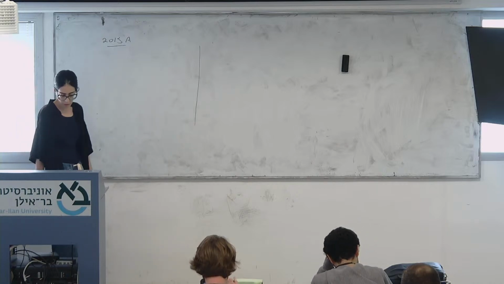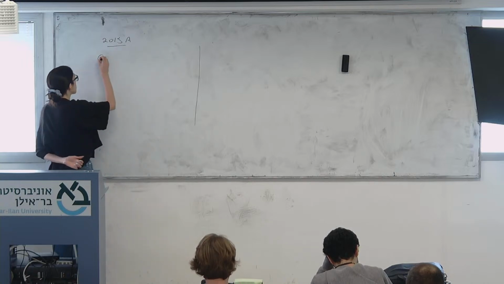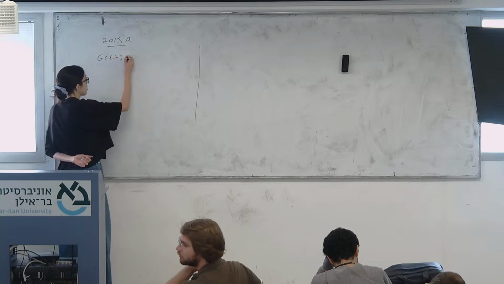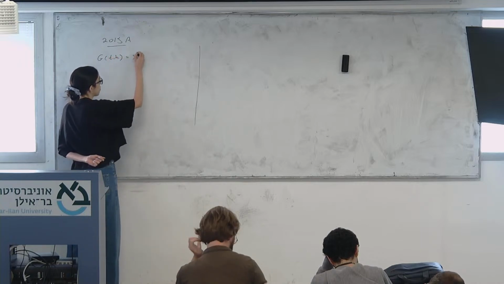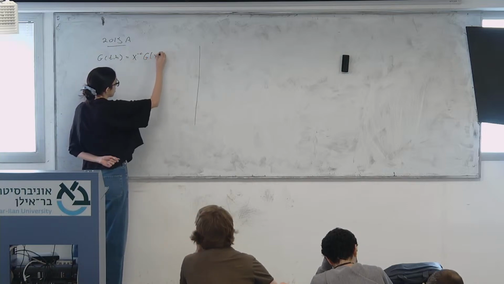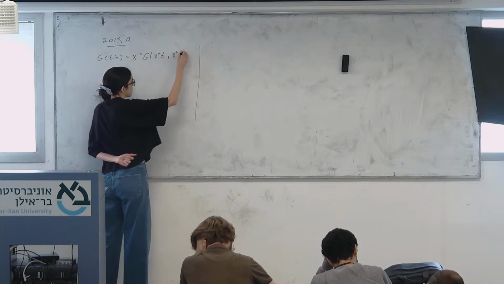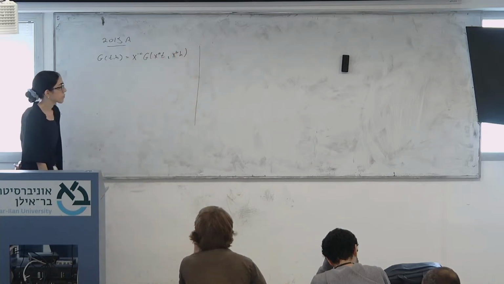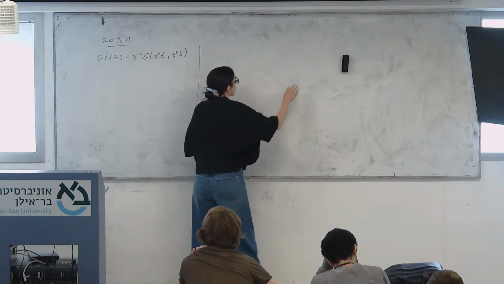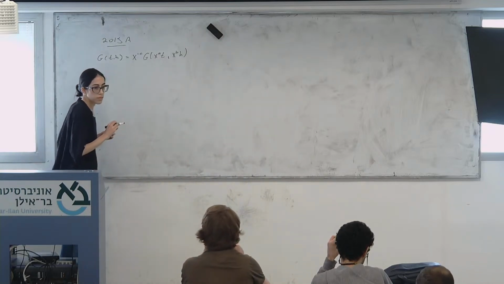So given the following scaling relation, G of T and H is equal to x to the minus c, G of x to the a multiplied by T, and x to the b multiplied by H. So, what is the question?